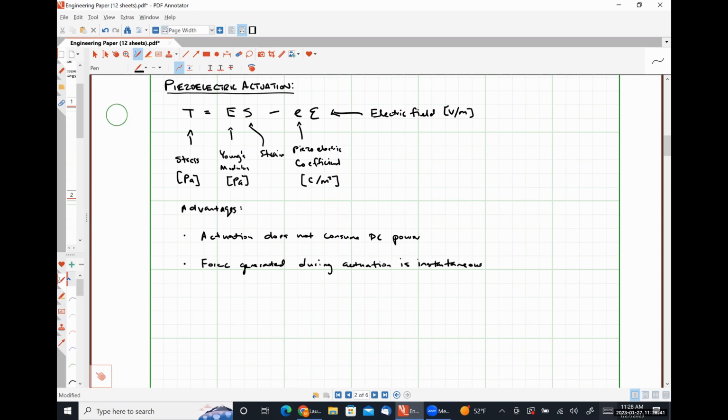When we talk about things like thermal actuation, it takes time to transfer heat, so it takes time to generate those forces. With a piezoelectric actuator, if we apply the voltage, we get the force. And lastly, the forces generated can be large, on the scale of multiple newtons, not micronewtons or millinewtons, with these actuators.